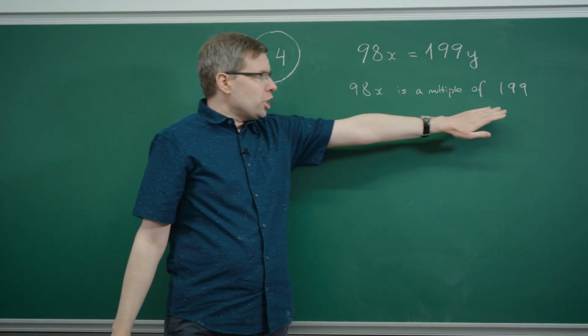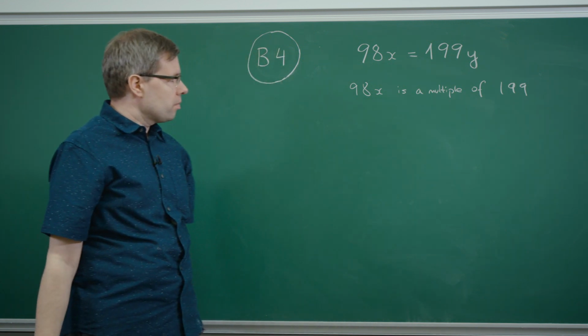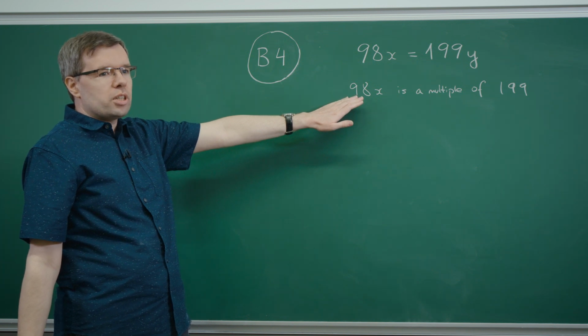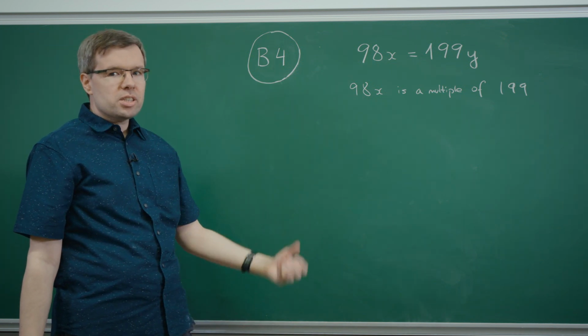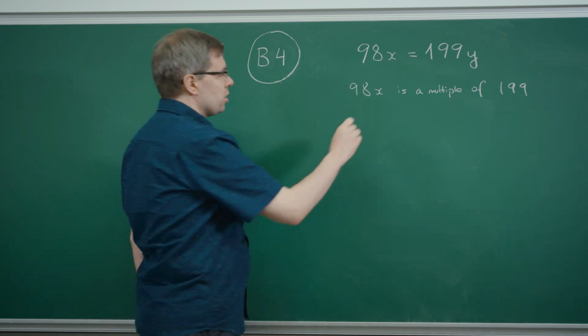Now we can easily check that 199 is a prime number. And 98 clearly is not a multiple of 199. This means that x must be a multiple of 199.